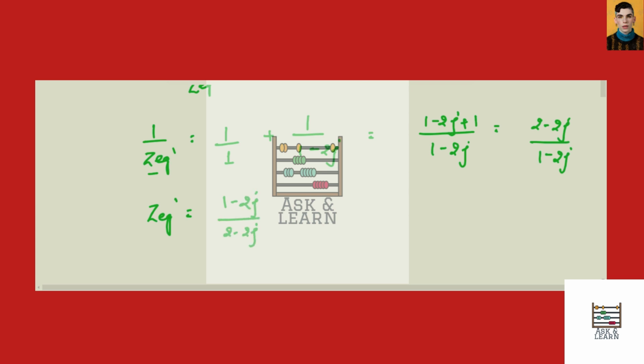Simplifying, we get 1 minus 2J into 2 plus 2J upon 4 squared plus 4 squared, the square of this and the square of this, 4 and 4. If we multiply and simplify, you will get the value of Z equivalent dash as 3 minus j by 4.